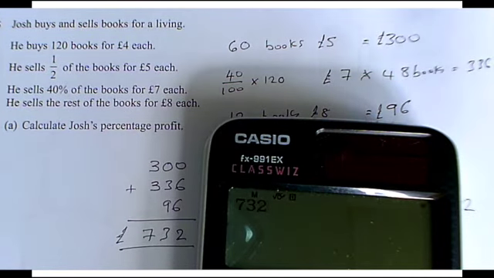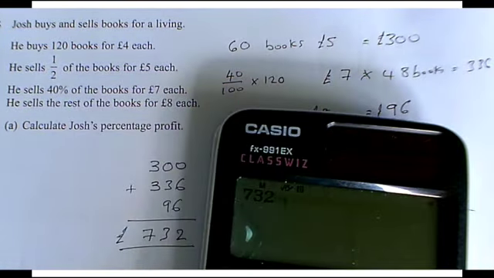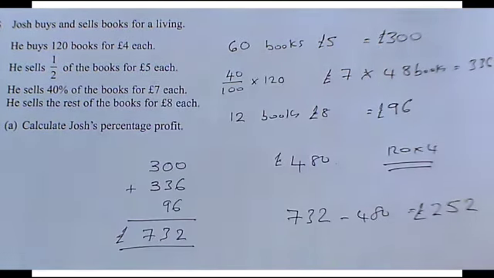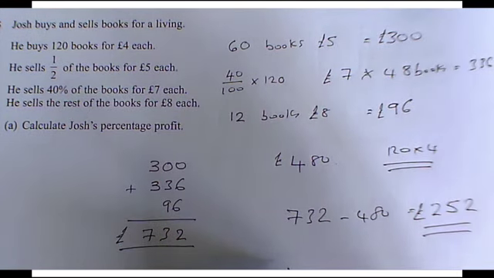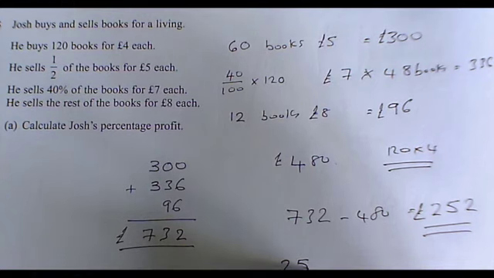Now of course that's not the answer, because they've asked us to work out the percentage profit. So the percentage profit is going to be the money he's made, which is 252, divided by the money he spent. So he spent £480. So 252 divided by 480 times 100 equals the percentage profit. I've just gone off screen there, I apologise for that.